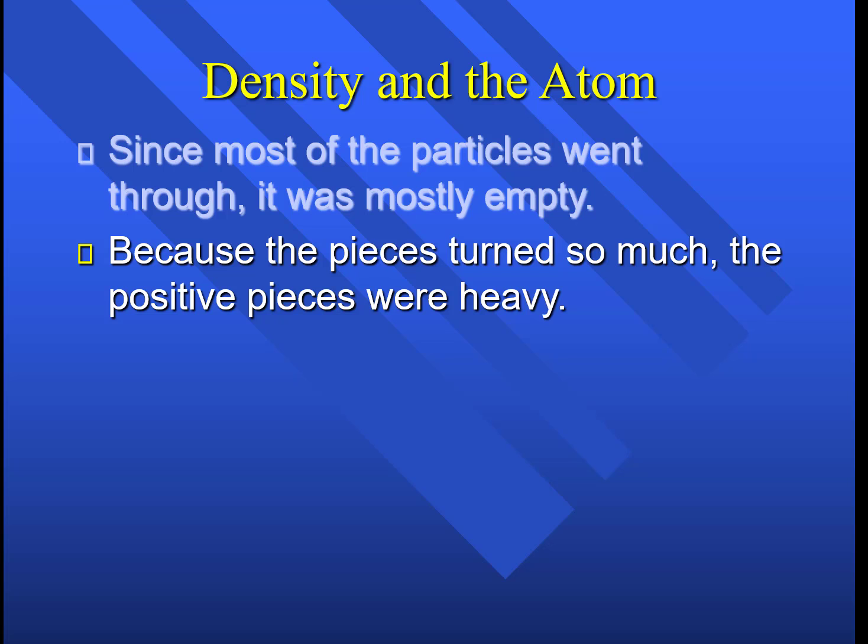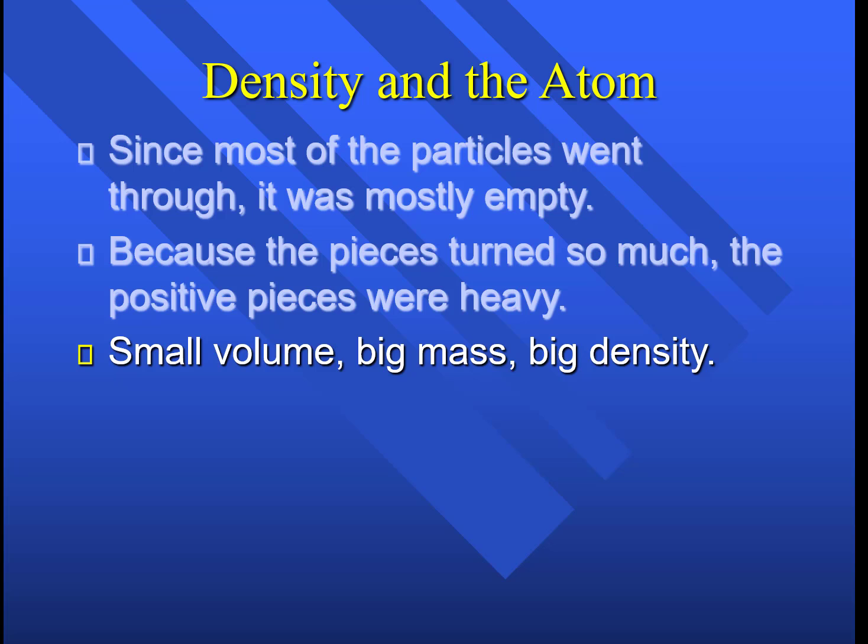And since the positive pieces turn so much, because the alpha particles turn so much, those positive pieces had to be heavy. Because they were coming in with a lot of energy. So if you've got a small volume and a big mass, you have a big density.